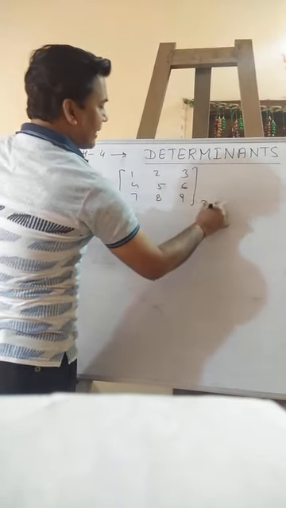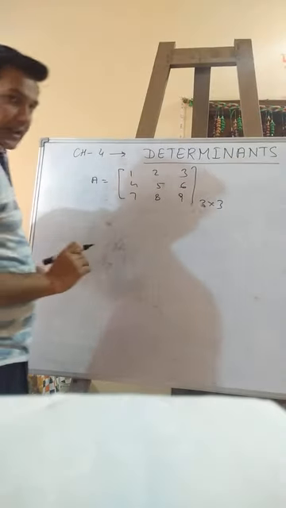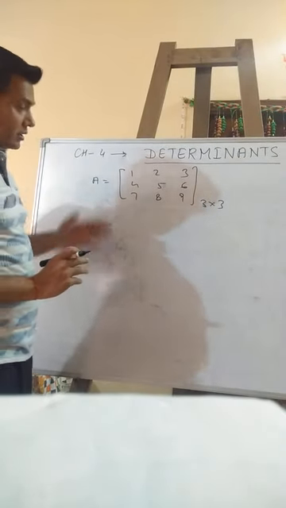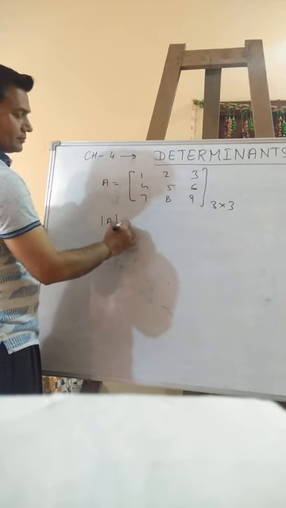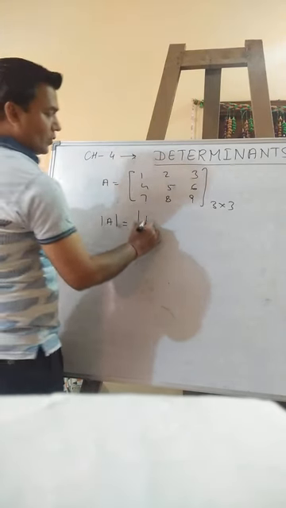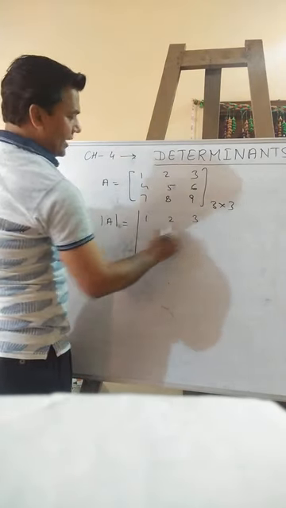It is a 3 by 3 square matrix, and we have to find the determinant of this square matrix, that is A. Keep watching carefully the expansion of this determinant.